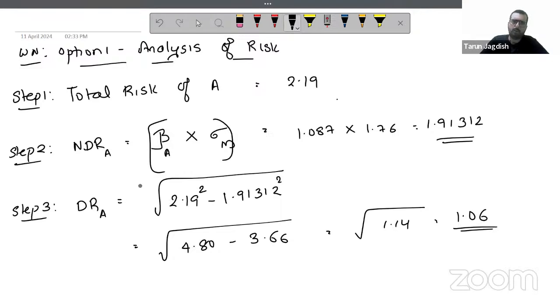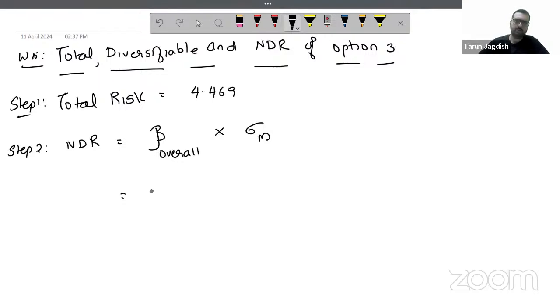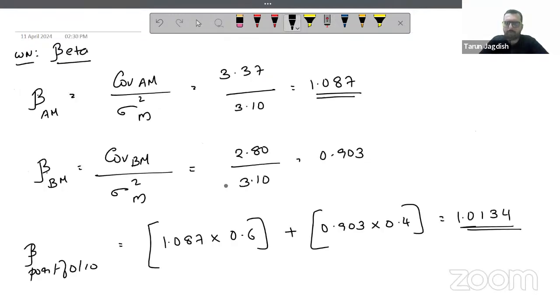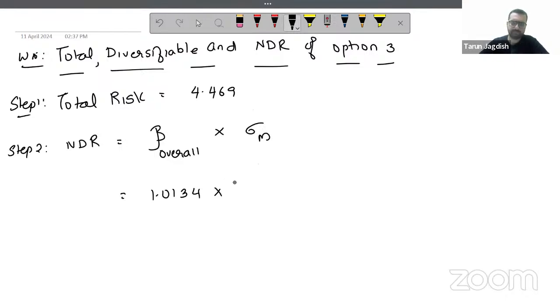How much is beta overall? We found it somewhere over here, right? It's 1.0134. That will be 1.0134 into the standard deviation of the market, 1.76. Do you get the answer as 1.7835 as the non-diversifiable risk?